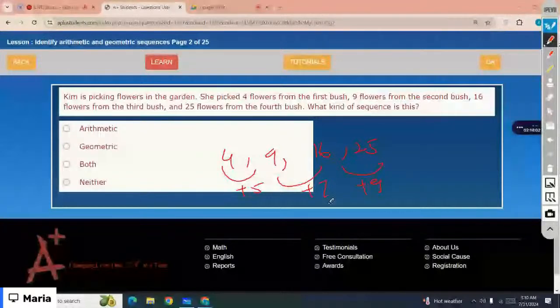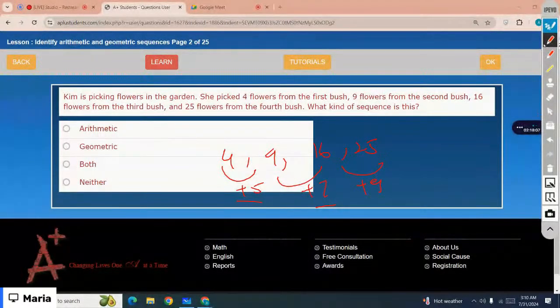You don't add exactly the same number, so that is not arithmetic. And if you look at it as a geometric sequence, that is not geometric either. So the correct option is neither.